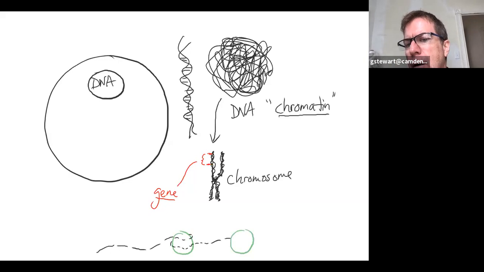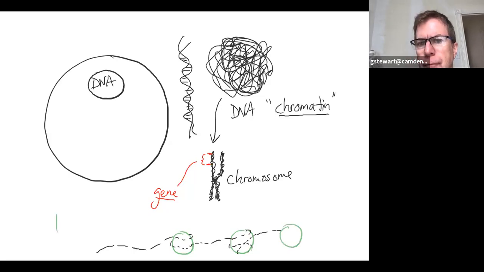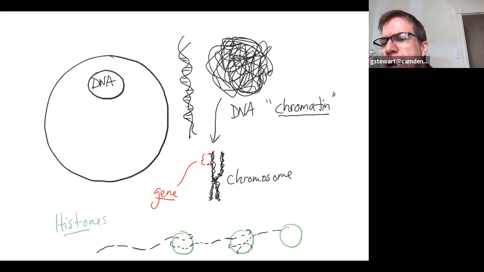This is really how our DNA is arranged in that chromatin state. These proteins that the DNA wraps around are called histones. And they give this DNA some sort of structure.